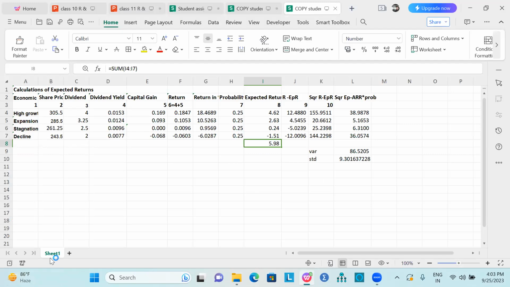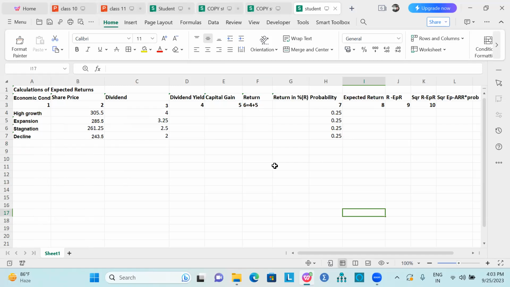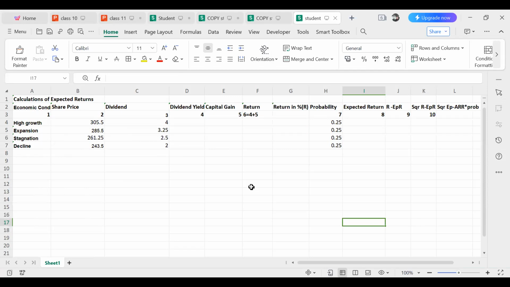Okay. Can you see this Excel sheet? Yes, ma'am. I think I have to share this one. Can you see what you are saying? Yes, ma'am.